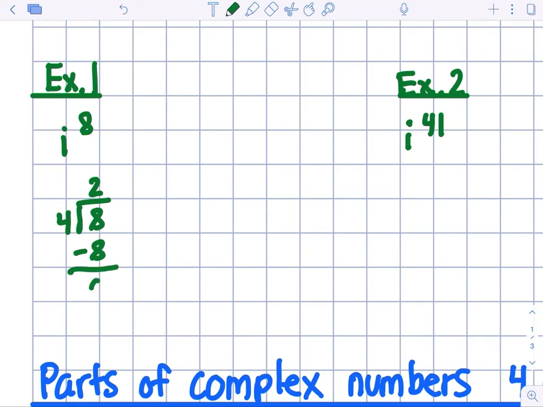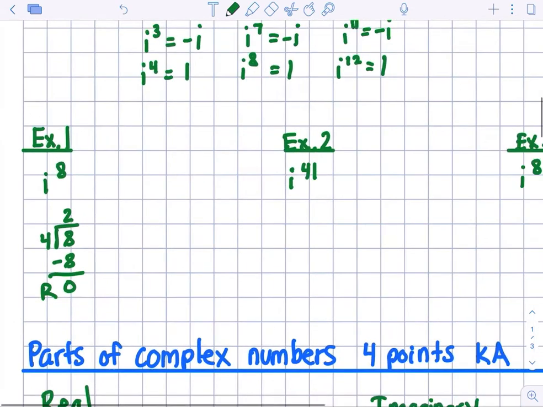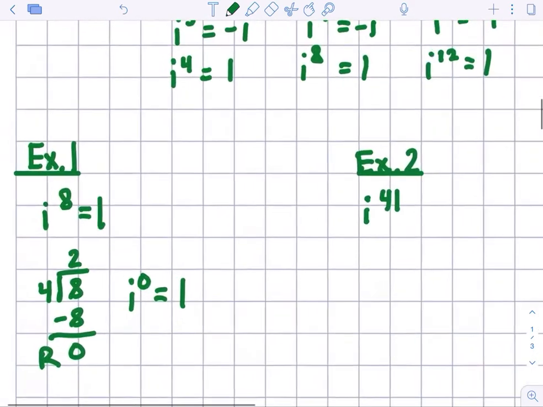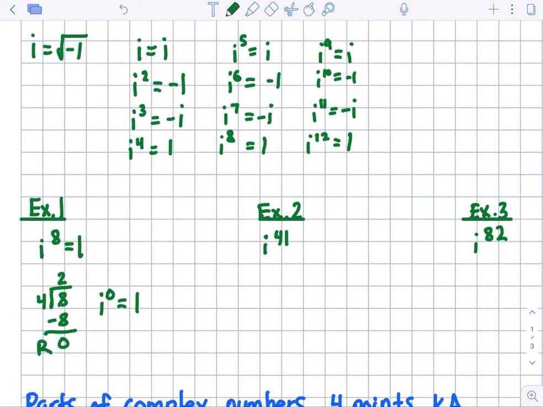This is going to be the power of your i, and that's how you simplify it. So i to the 0, anything to the 0 power, is just 1. So this is just going to equal 1. Again, this is a shortcut. Otherwise, you would have to use these to go and find it.